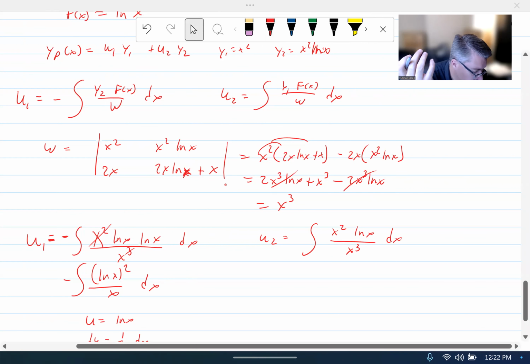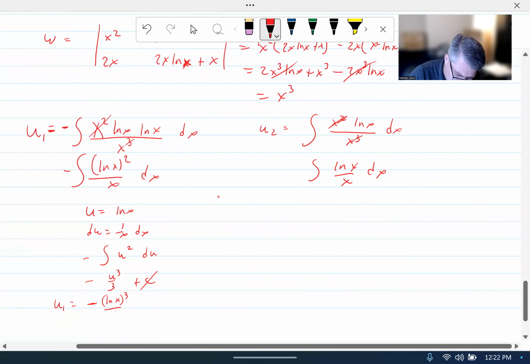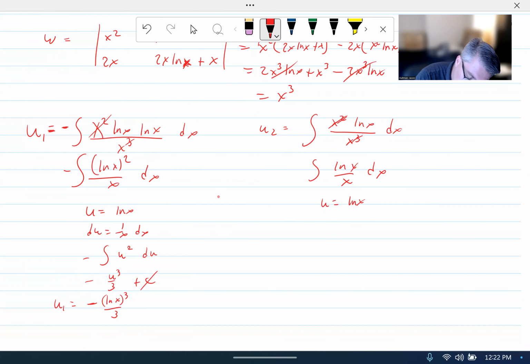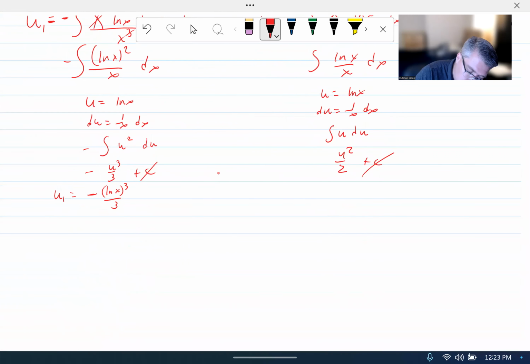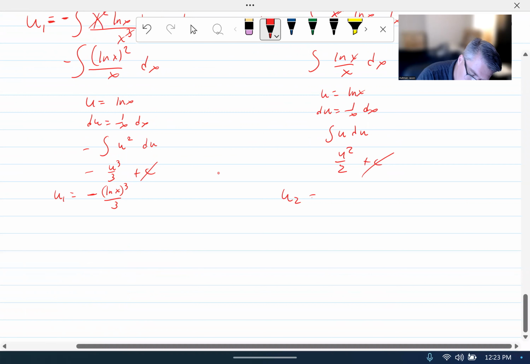So very similar, another u sub. It's pretty easy. This becomes natural log of x over x dx, where u equals natural log of x and du equals 1 over x dx. This is the integral of u du, which is u squared over 2 plus c, but let that go to 0. And we're left with u2 equaling the natural log of x squared over 2.